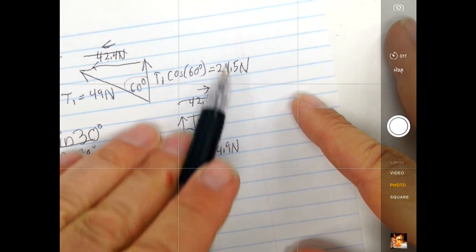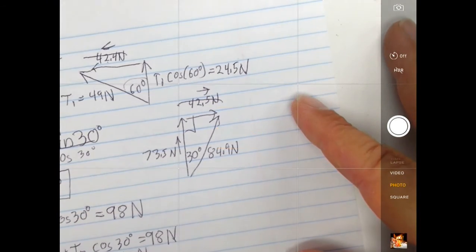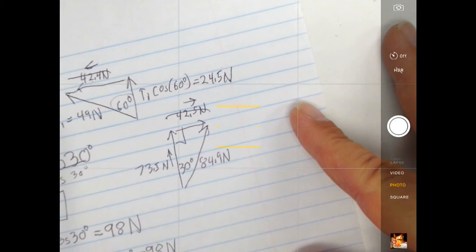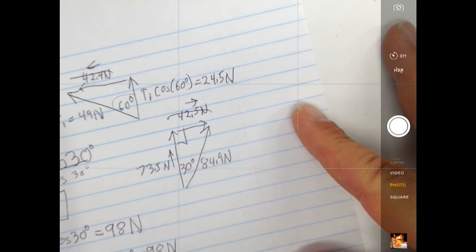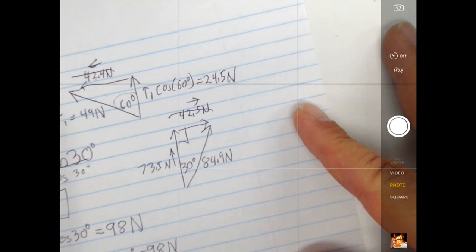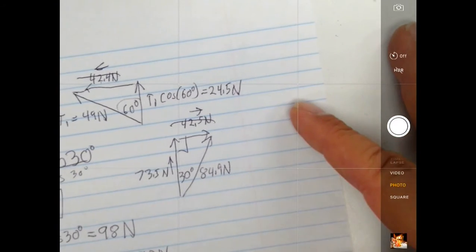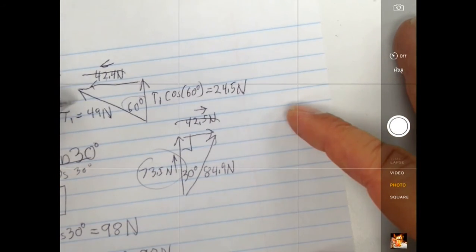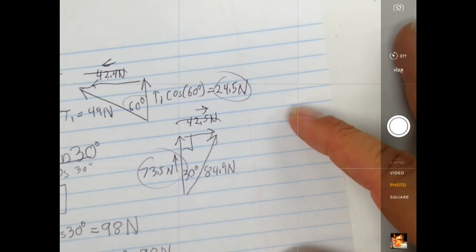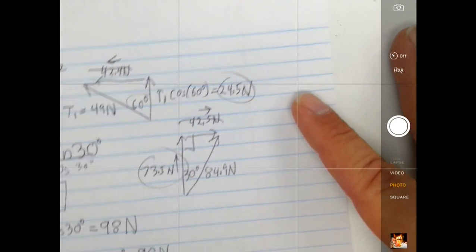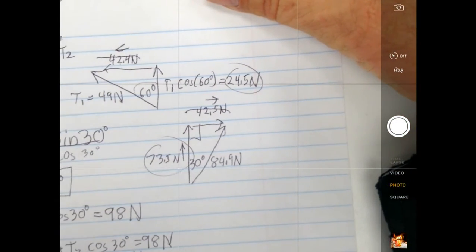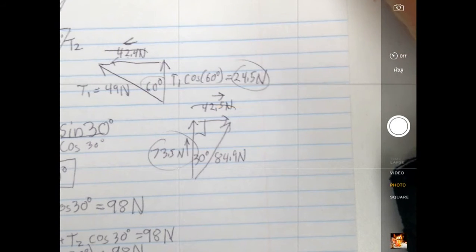24.5 newtons up plus 73.5 newtons up. Well, 24.5 plus 73.5, sure enough, adds up to 98 newtons up. So between these two cords, ropes, chains, they are indeed doing the job they're supposed to do of holding up the sign.